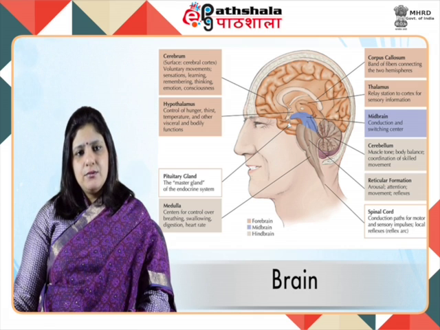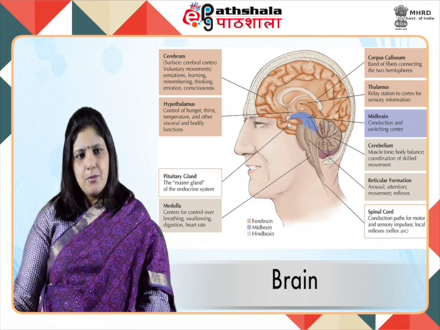Medulla acts as a two-way thoroughfare for all the sensory and motor nerve tracts. These come from the spinal cord and move up to the brain, crossing in the medulla. Therefore, the left side of the brain receives sensory input from and exerts motor control over the right side of the body. The vice versa occurs when the right side of the brain receives input from the left side of the body.